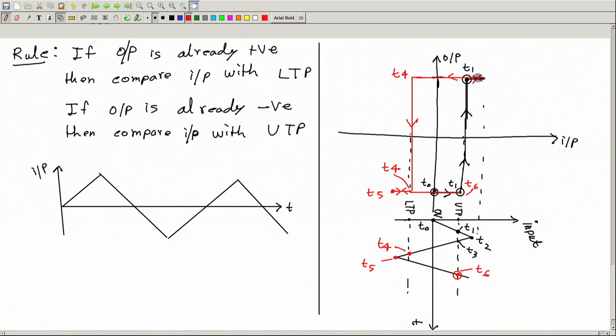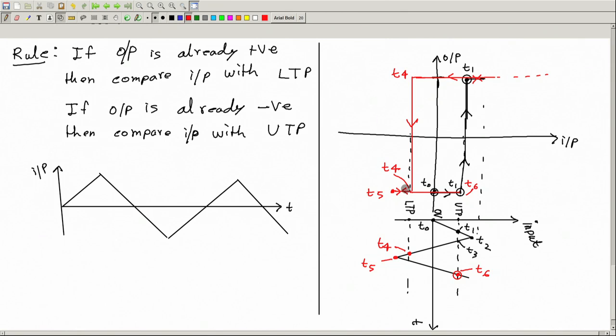Then the input can increase a lot, as much as you want, but the output will not change. Then you decrease the input, and the output will not change. You decrease it up to this, no problem, the output remains positive. You bring it to 0, the output remains positive still, but you make it sufficiently negative, below the lower trigger point. At this point, the output will go to a negative value suddenly, like this.